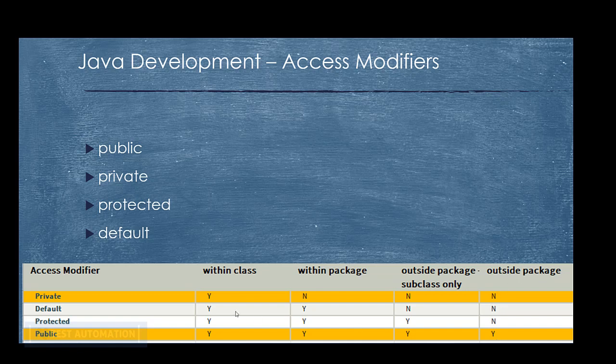You can go through this tabular format, but don't get overwhelmed by the different combinations. The most important thing is that the common usage ones are public and private. From the testing perspective, from a test development perspective, these are the main two things we will deal with.